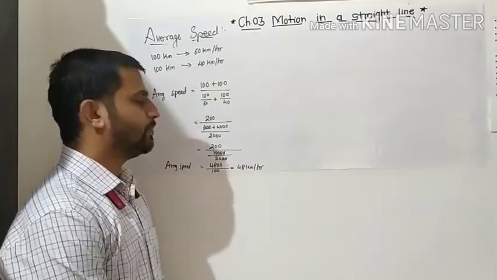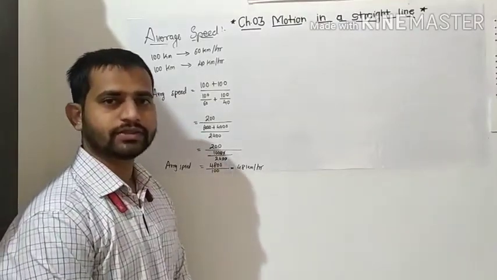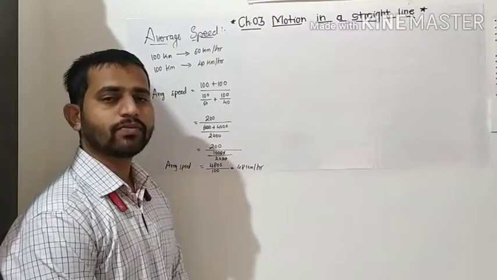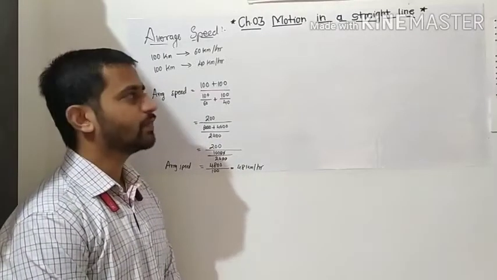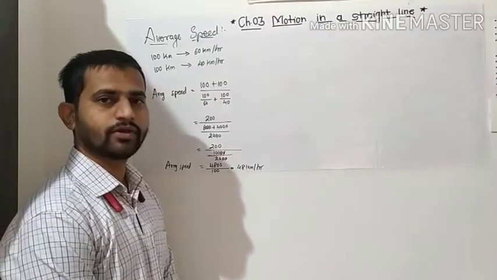Now, if we make one algebraic equation of this, then we have to consider the number of time intervals, and accordingly we have to go for the further equations.